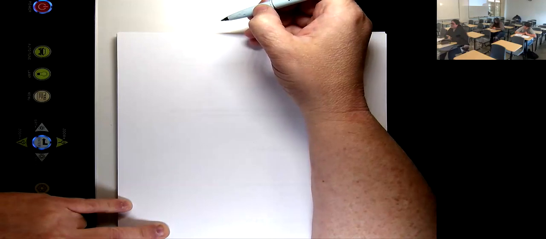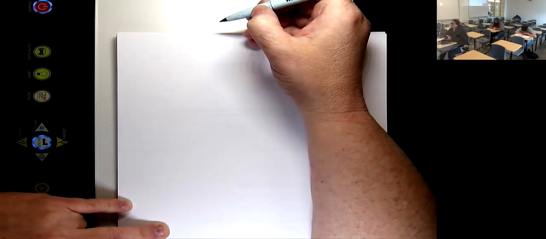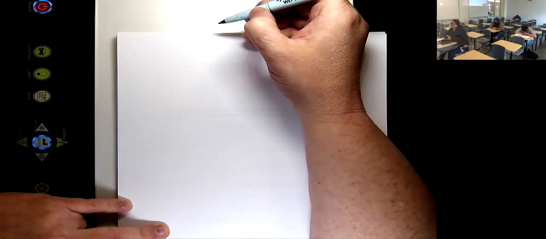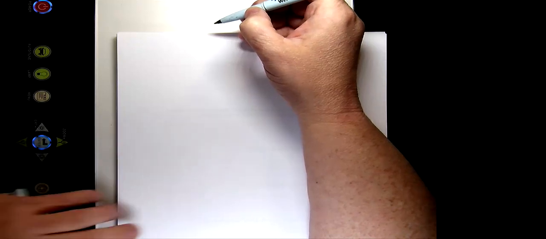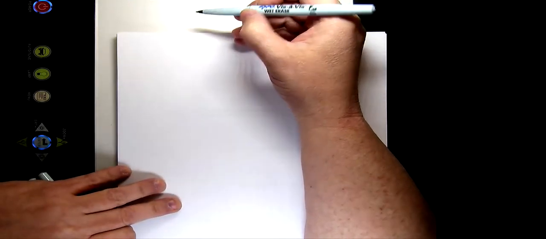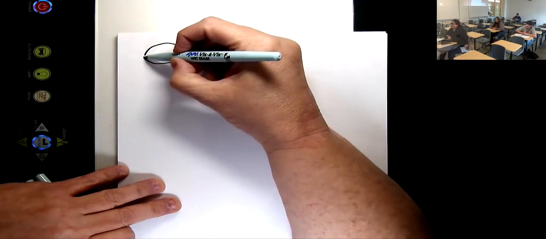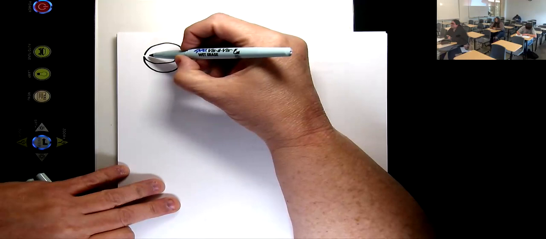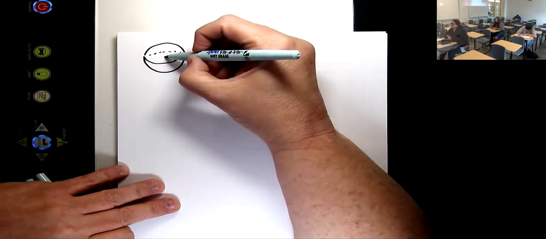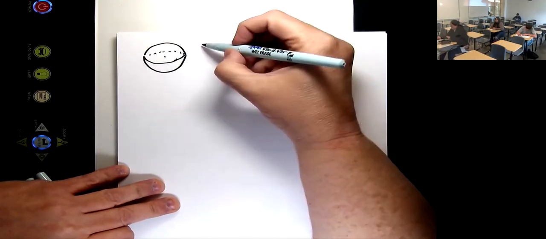We did that, that's a rectangle. That's a box. Sphere. Oh, a sphere, yeah. Who said that? Say your name. Sphere.